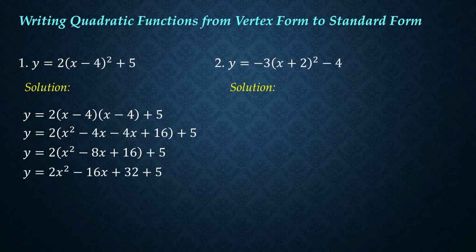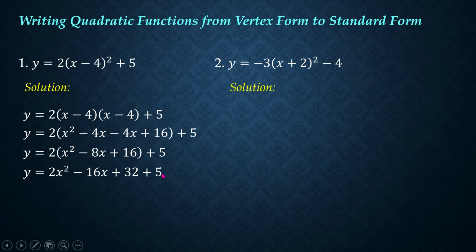From that, we will multiply the 2 that is outside the parentheses. We will distribute the 2 to the trinomial x squared minus 8x plus 16. That will give us 2 times x squared is 2x squared, 2 times negative 8x is negative 16x, while 2 times positive 16 is positive 32.